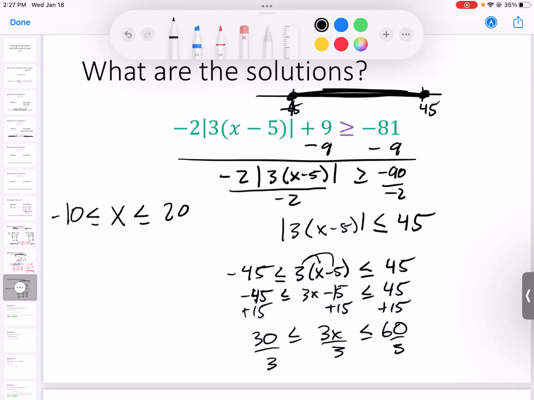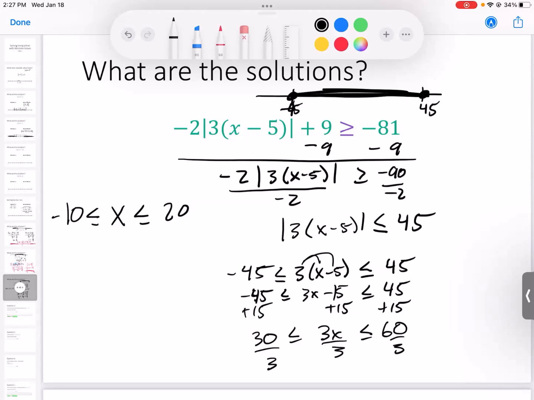So if you got that it was an infinity one, you probably forgot to switch the sign. Because if this had been a positive 2 instead of a negative 2, then you guys are right. It would have been one of those ones that go out to infinity. And then you would have got these same numbers, but instead of saying that x is between negative 10 and 20, you would have got that it's negative infinity up to negative 10 and then 20 up to positive infinity.